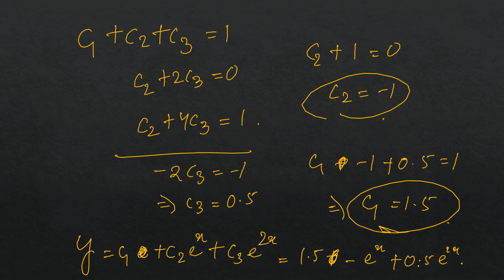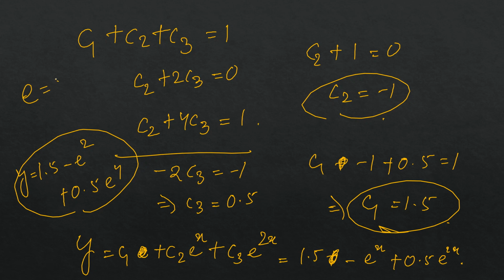So the value of y at x is equal to 2: put x is equal to 2 here. That's it, just have to calculate. e is 2.71 something. Just put it here and calculate the values. I hope you can calculate this.